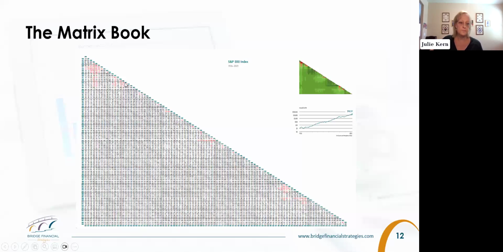But as we start cross-referencing more, especially more than 10 years of data, there's no red in all the rest of this. So that means as we get to more than 5 or 10 years of data, you're almost never going to have a negative return. And that's just with the S&P 500.